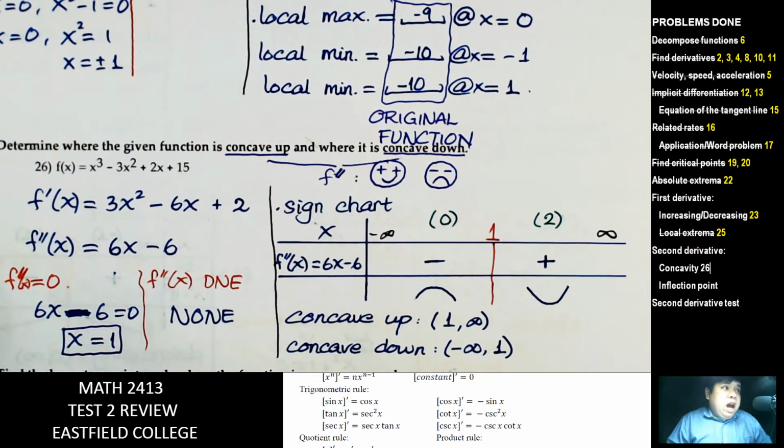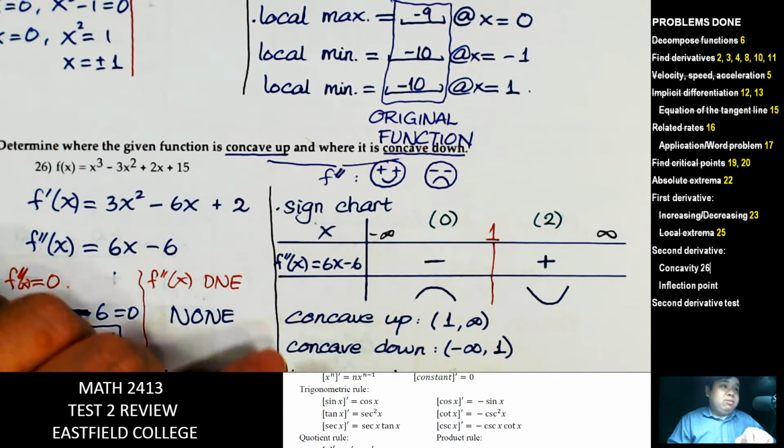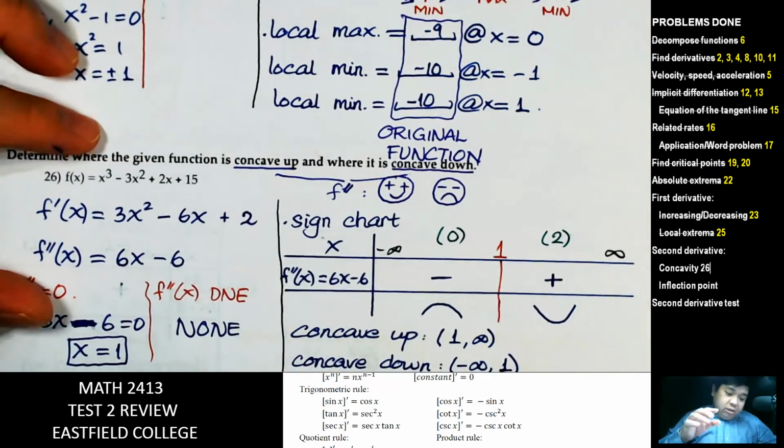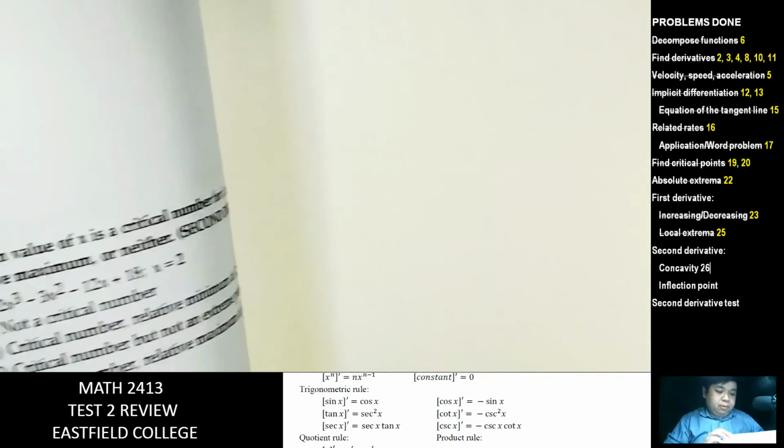Yeah, so that's what the second derivative gives us, the concavity. And from there we will find the point of inflection.